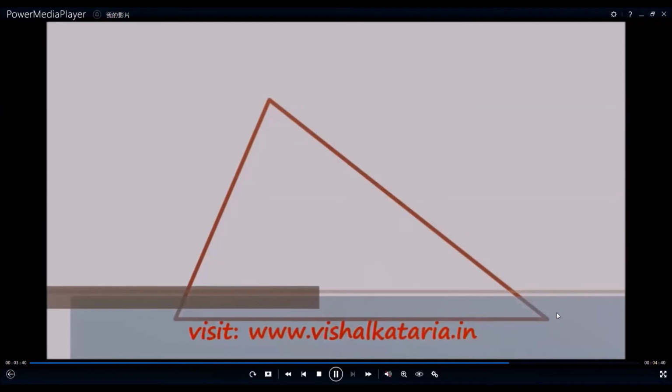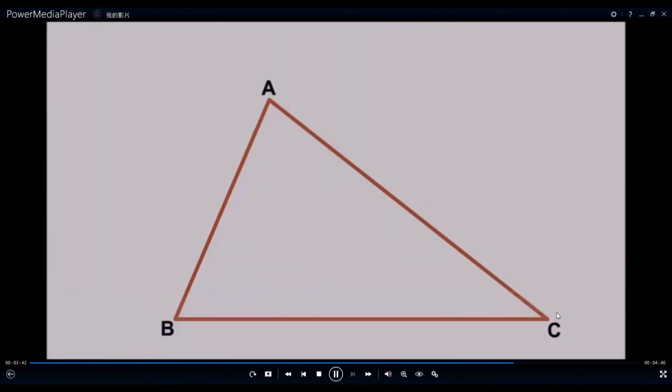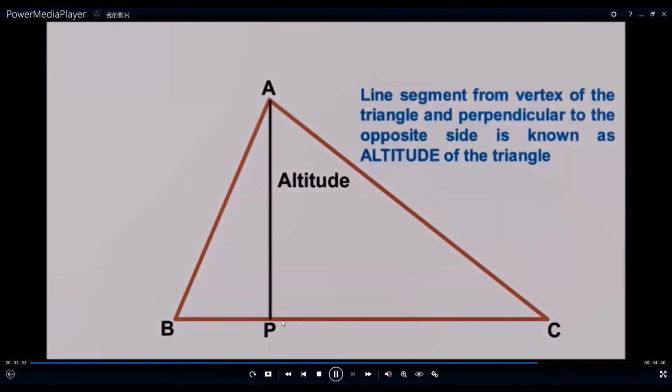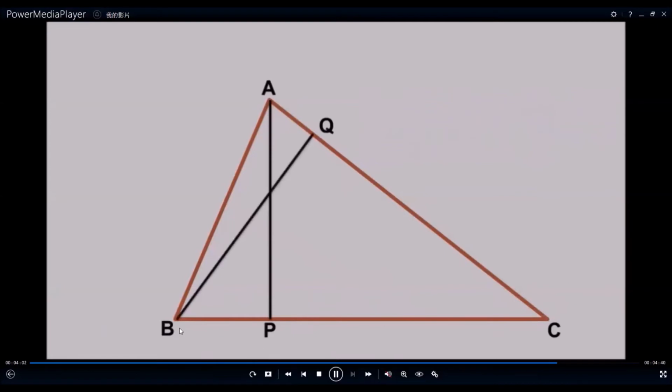The last one we are talking about is altitude. Start from point A, we draw a perpendicular line, AP perpendicular to BC. Okay, we have 1 altitude. Again, we can draw other altitudes. Let's see from point B, perpendicular to AC.